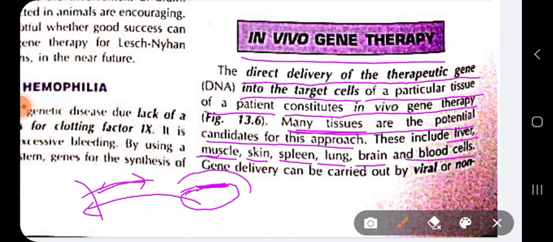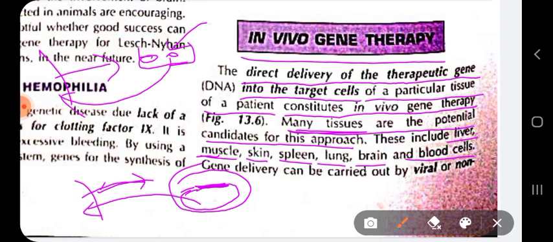So here we are not using multiple steps as we have done in ex vivo gene therapy, where first we isolate the tissue, we isolate the cells from the tissue, we culture the cells in the laboratory, then we transfer the desirable gene into those cells, then we check whether the gene is getting expressed in those cells or not, and then we reintroduce those transformed cells, that means the cells having our desirable gene properly expressed, into the target tissues of the patient.